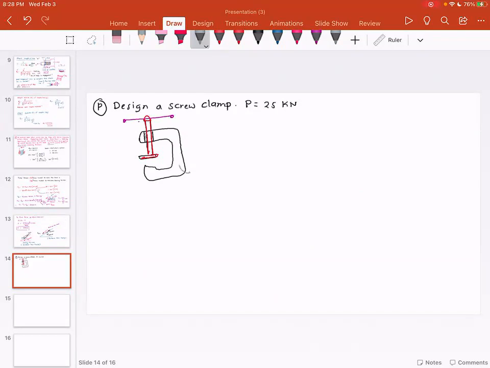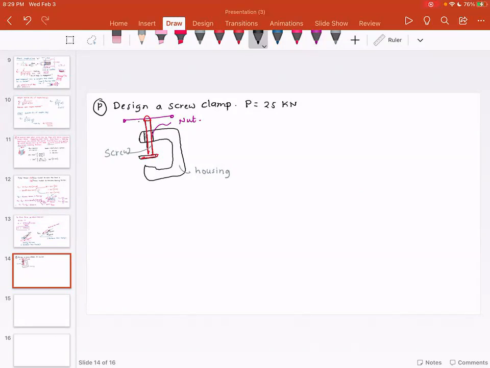So this is the housing. This is the screw. And this is the nut. So please note, the nut could be integrated, or you can just drill and tap the threads.